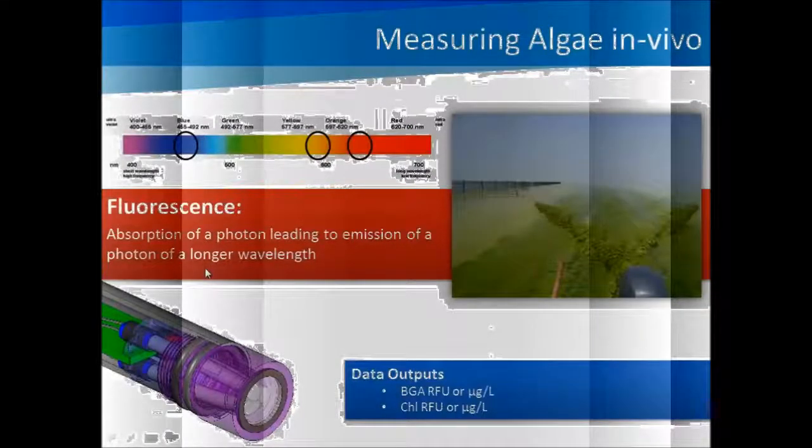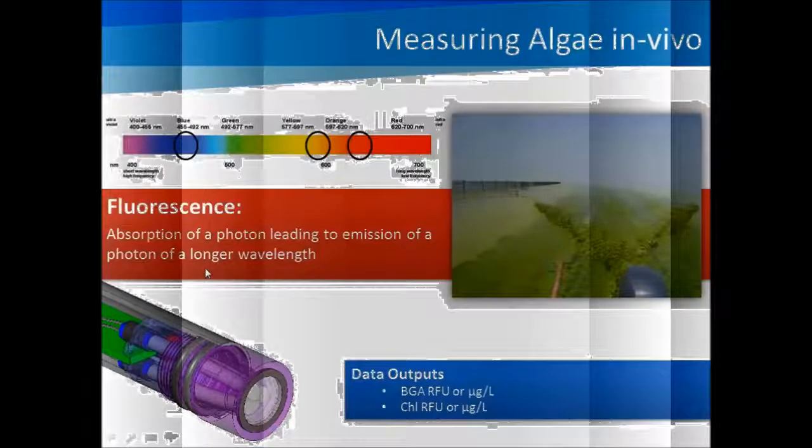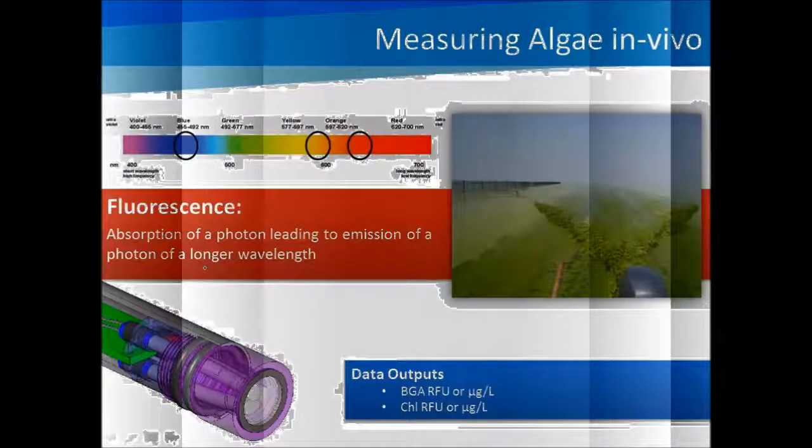Both of these platforms measure algae in the same way, through fluorescence, as Tim has described earlier in the presentation. We're emitting a particular wavelength of light to excite a chlorophyll A molecule. This molecule then emits light of lower energy, in this case red, and our sensor collects that fluorescent light.